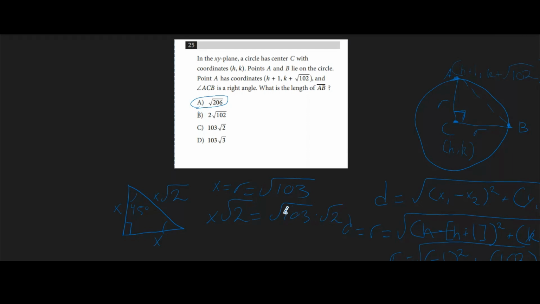And whenever you have two square roots multiplied with each other, they're simply the product of what is underneath the square root symbols.